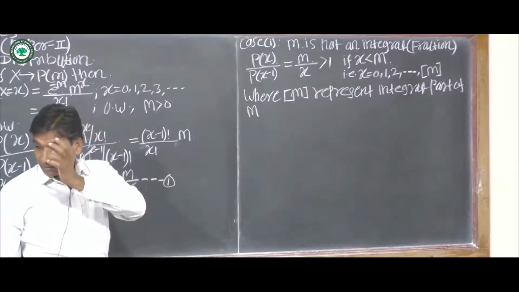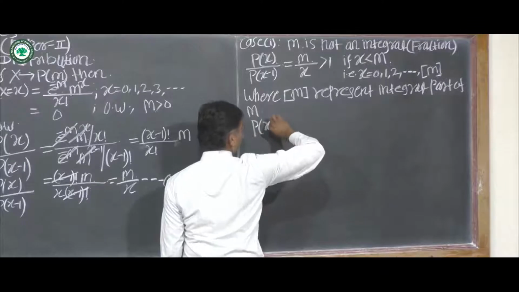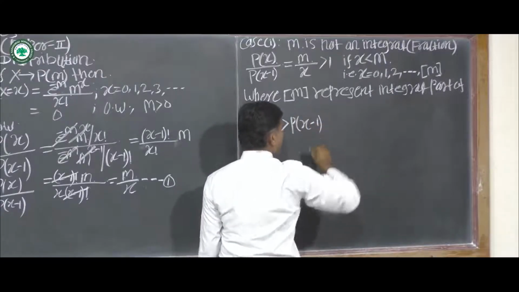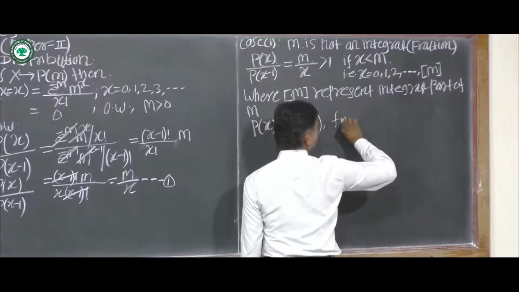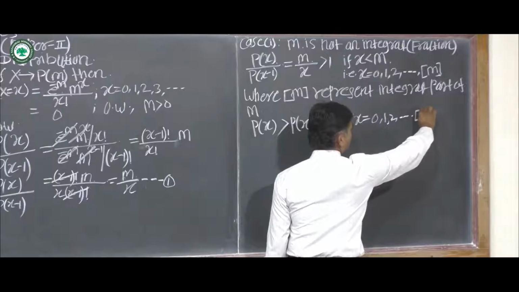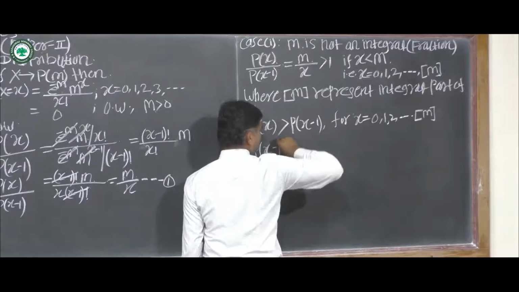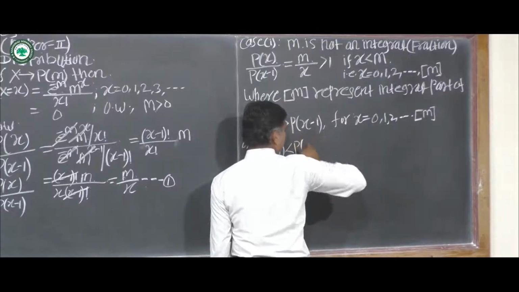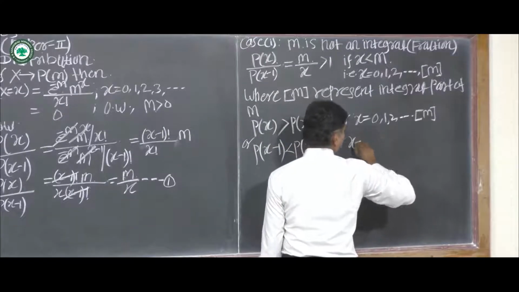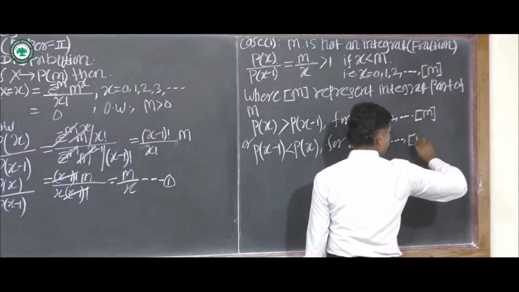Then in this case, probability of x is greater than probability of x minus 1 for x equal to 0, 1, 2, up to floor of m, or probability of x minus 1 is less than probability of x for x equal to 0, 1, 2, up to floor of m.